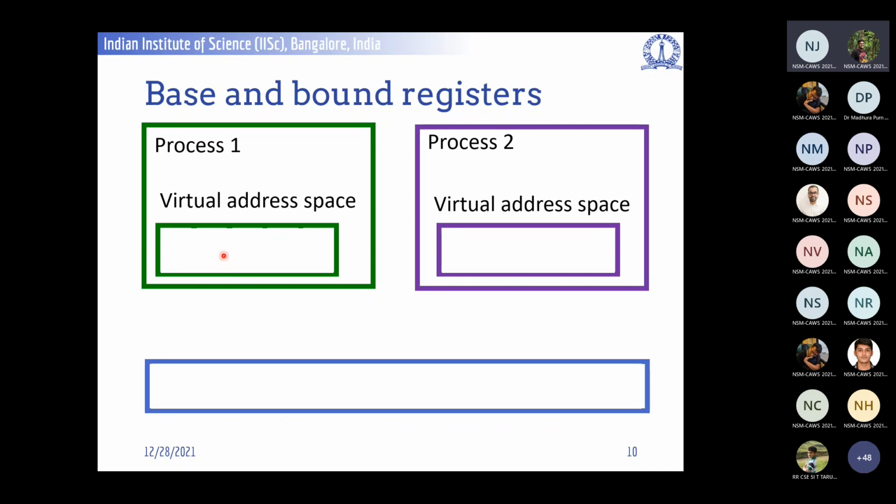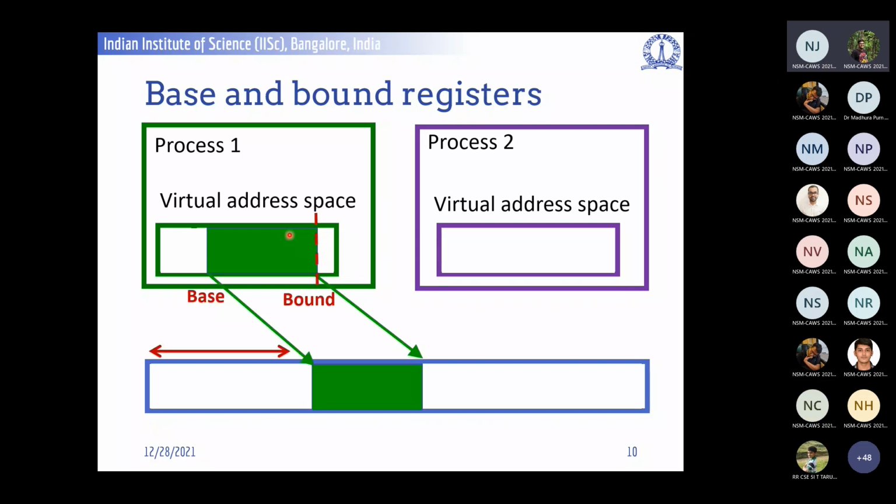We go back to our previous picture, and let us assume that this solid green portion of the virtual address space of process one is currently allocated, which means that the application of process one can use those virtual addresses. If it accesses loads and stores with those virtual addresses, they should be translated to physical memory so that it can access the data.